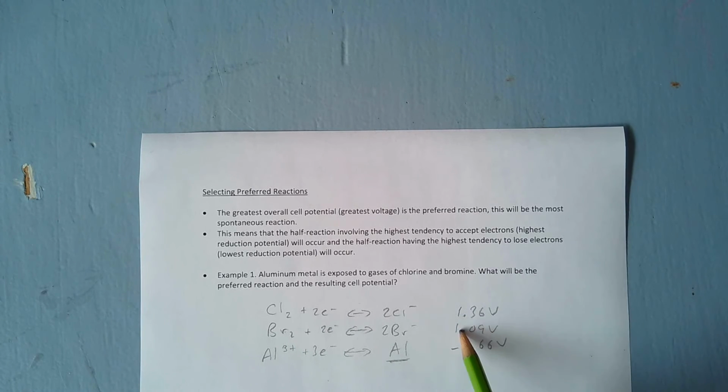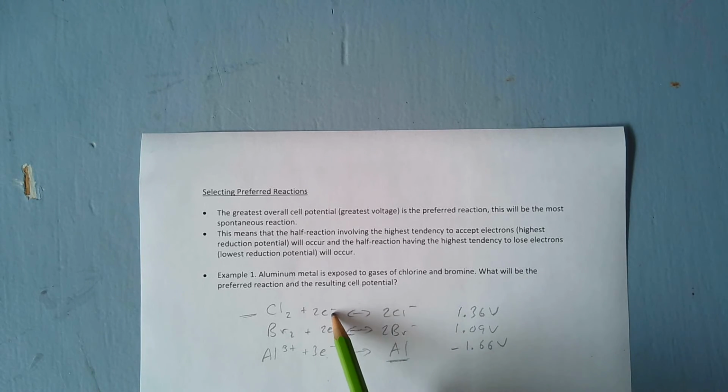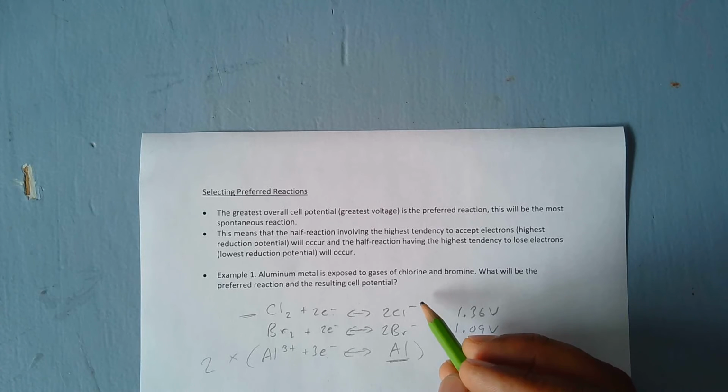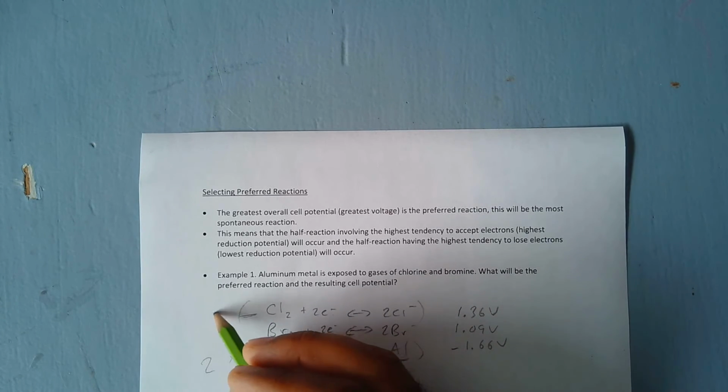And so which one of these two, when added to it, is going to give you the biggest voltage? So that'll be the chlorine. And so we've got 3 electrons here, 2 here. So we're going to multiply this one by 2 and then this one by 3.